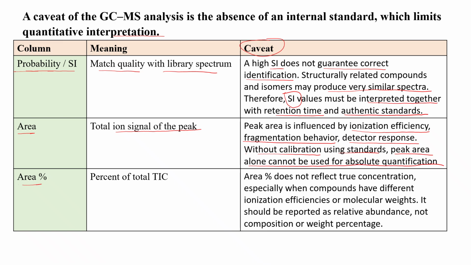Now, area percentage, percent of total TIC. So area percentage does not reflect concentration, especially when compounds have different ionization efficiencies or molecular weights. It should be reported as relative abundance, not composition or weight percentage.